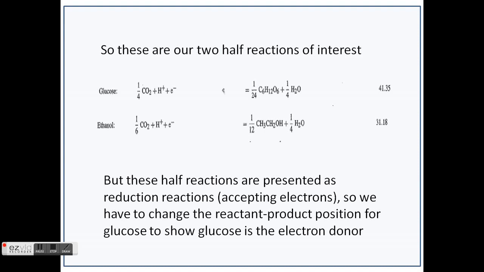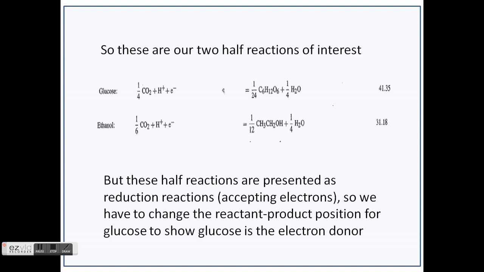So a reduction reaction is the same as an acceptor half reaction. A reaction that is accepting electrons is a reduction reaction. On the other hand, if the electron is on the right hand side, that would be an oxidation reaction.